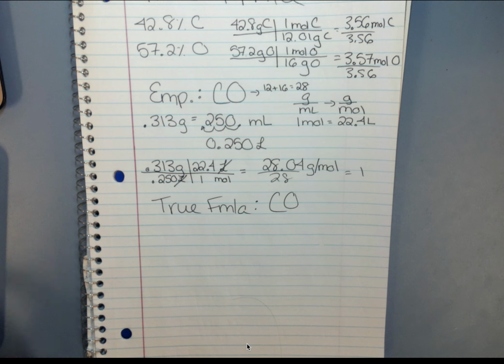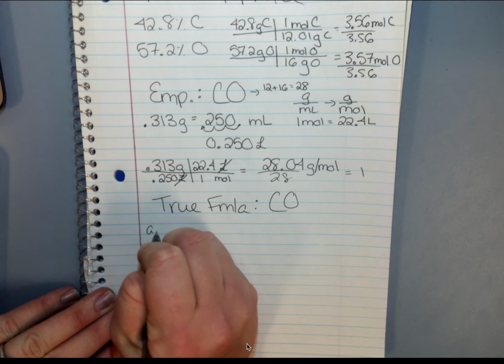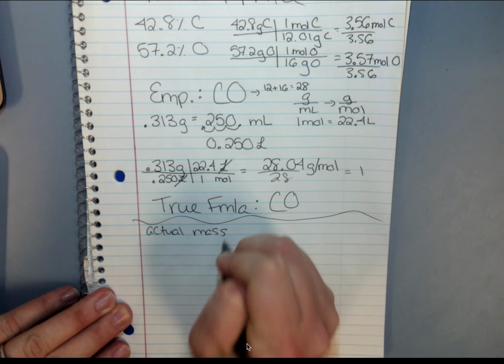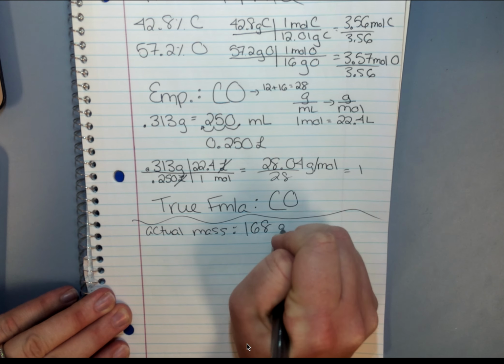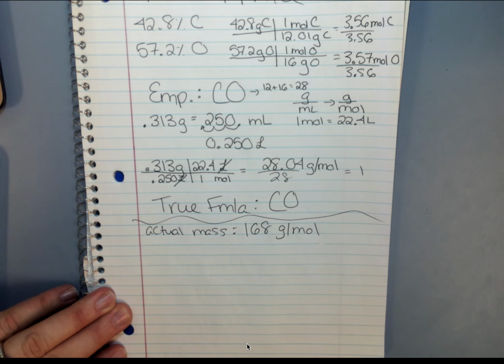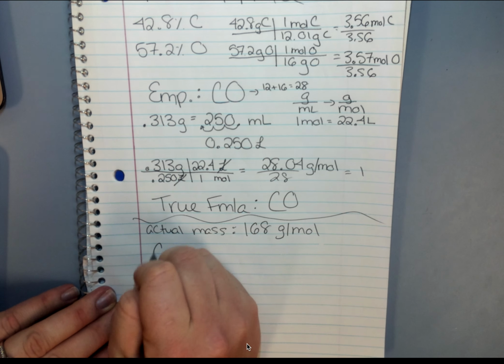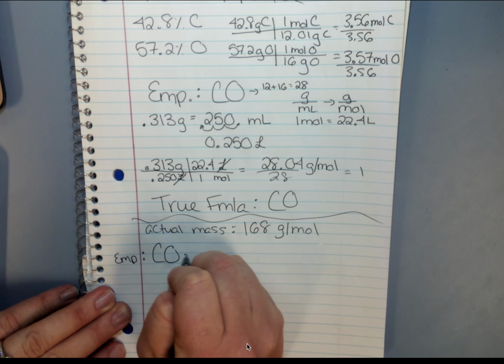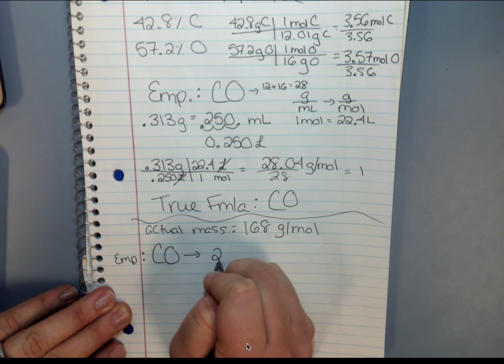And it instead told you that they found the actual mass, or the mass of the formula, to be 168 grams per mole. Now, we know my empirical formula is CO, and the mass of that is 28 grams per mole.